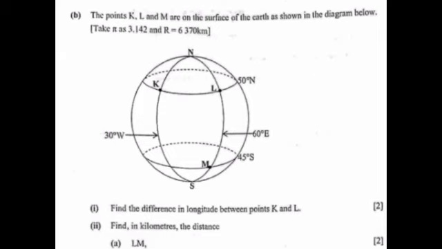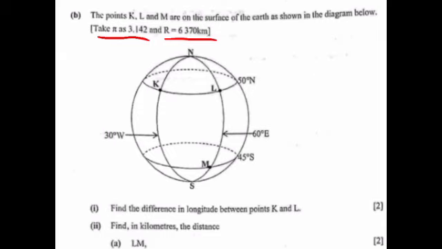We've been told to take pi as 3.142, and the radius of the Earth is 6,370 kilometers. Let me just answer the first question as well. The first question says, find the difference in longitude between points K and L.